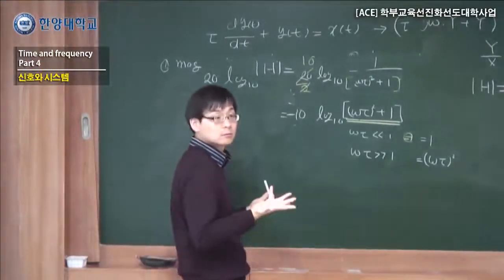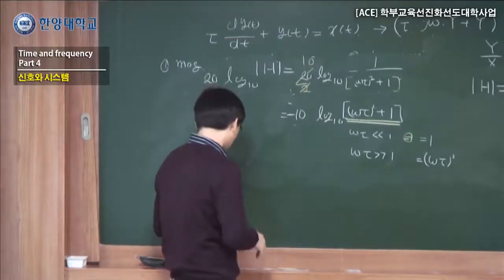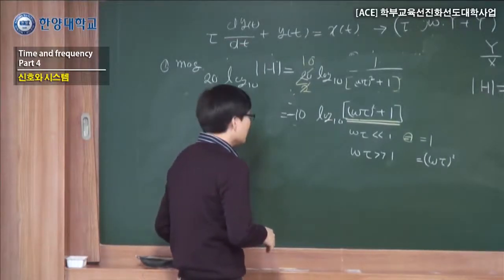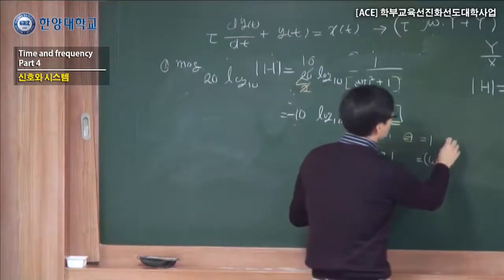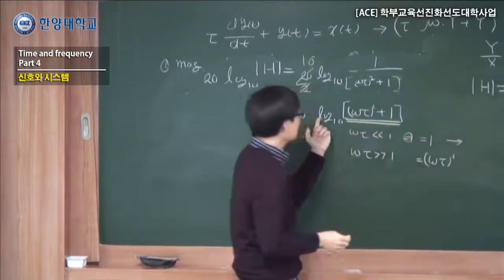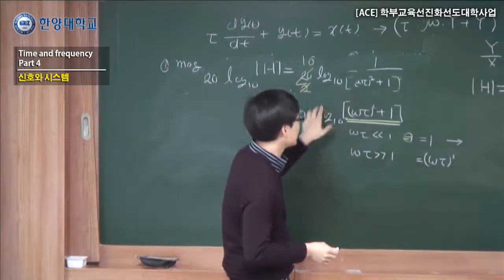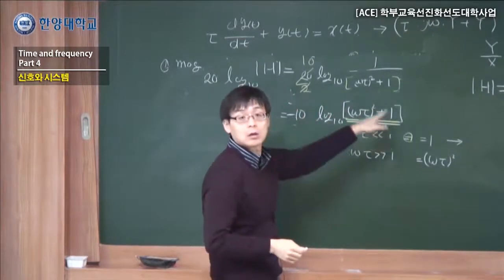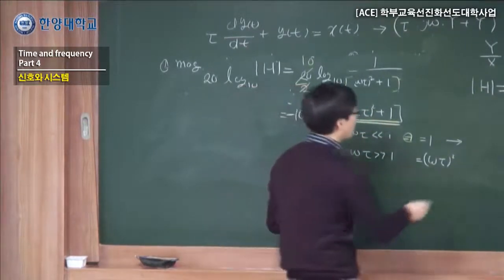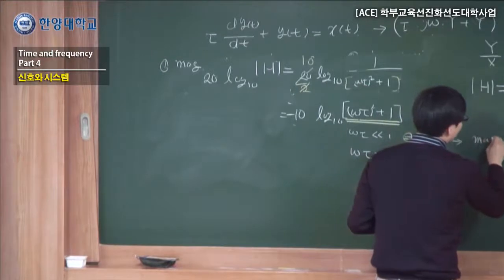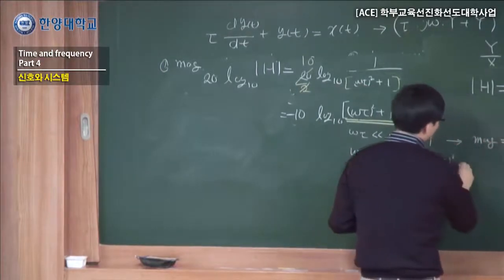Right? So in this case, the value inside this log is 1, so this whole value will be 0. So our magnitude will be 0.